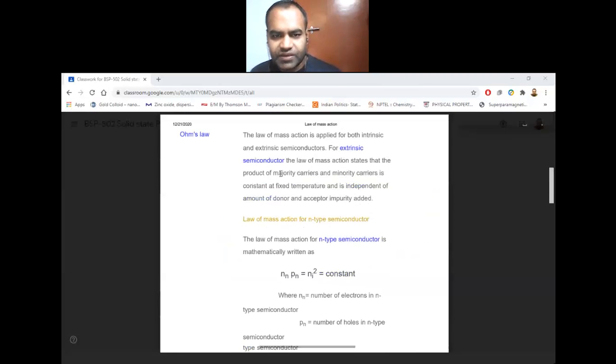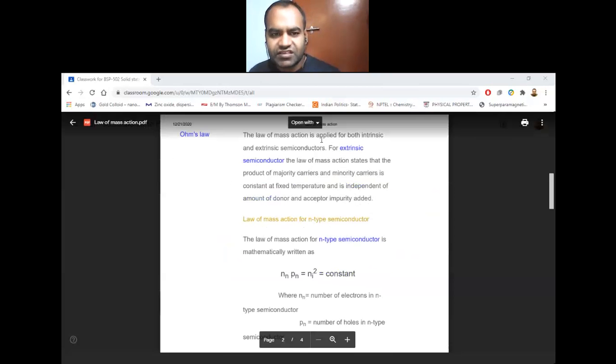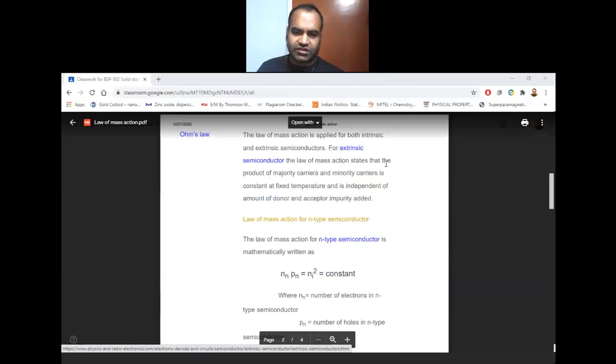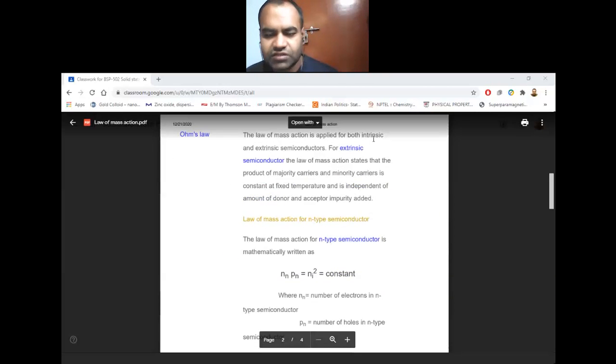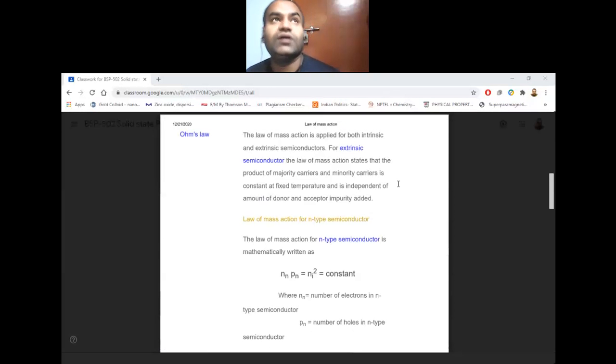The law of mass action is applied for both intrinsic and extrinsic semiconductors. Intrinsic means there are no impurities, the semiconductor is pure, without any donor or acceptor impurity, and this law holds good for both extrinsic and intrinsic types of semiconductors.